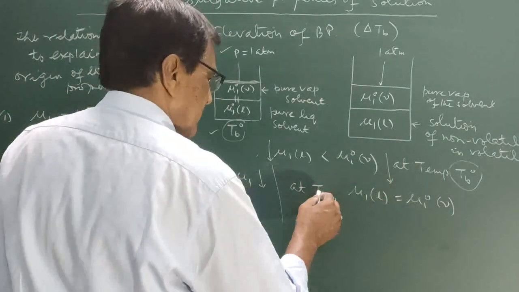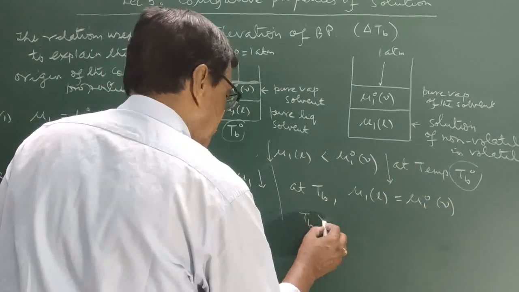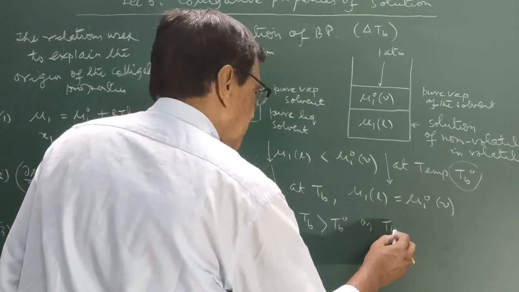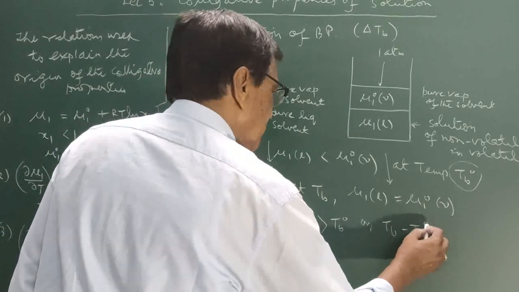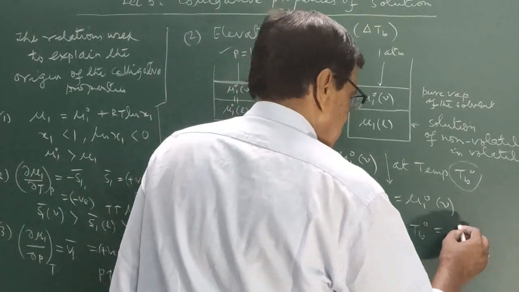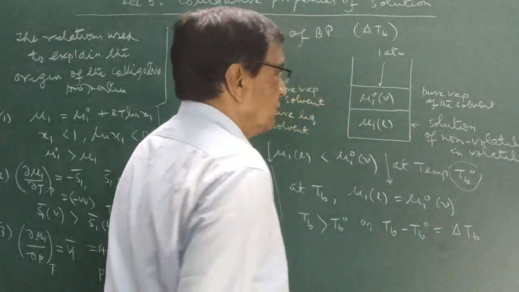So naturally this is a higher temperature than TB naught. So TB is greater than TB naught, and TB minus TB naught is equal to delta TB, the elevation of the boiling point of these solutions.